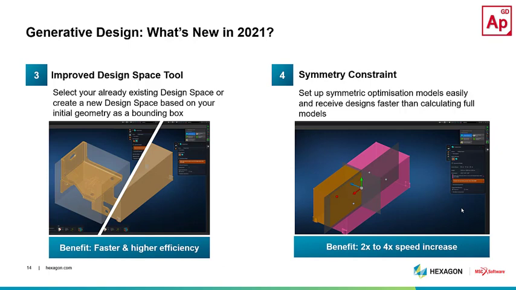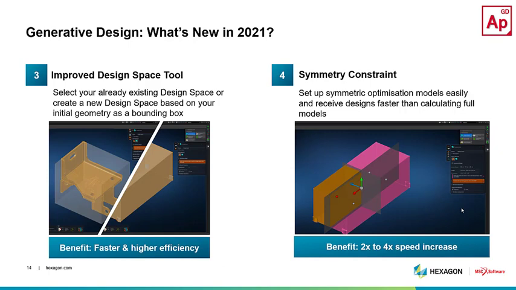Add that to the fact that you can very quickly Boolean away your part, and you're left with basically everything else that you can use as design space, and you're good to go. You make sure that your design constraints are in there, and your parts that can't be taken away, your little areas like fastener holes and stuff like that, and you're basically there.